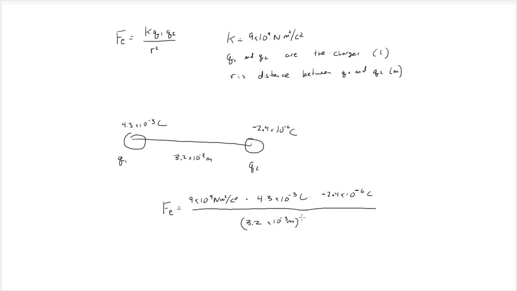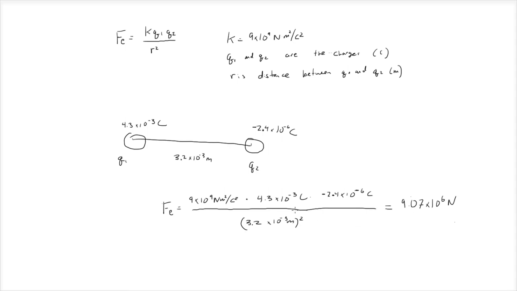So you can either forget to square it or forget to put parentheses around it when you put this in your calculator. And if we do that, the number we should get, let me actually put this in my calculator. I got 9.07 times 10 to the 6 newtons.